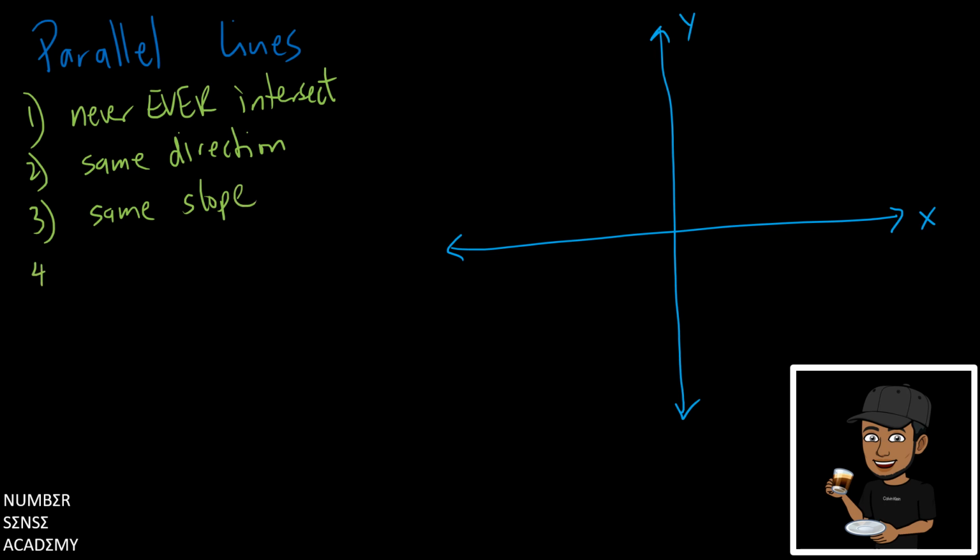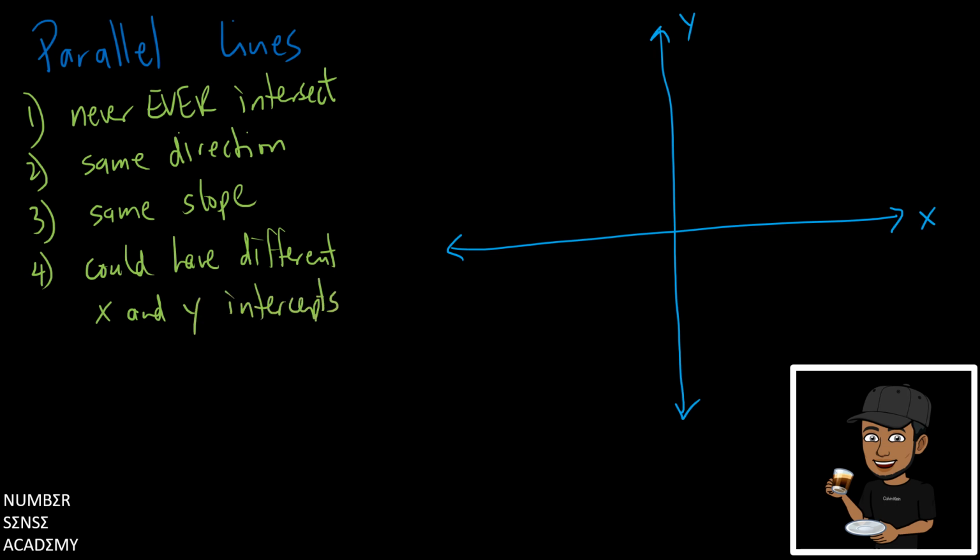But they could have different x and y intercepts. And I say could, but typically, they should. But what really happens is, first I'll come back to that point.